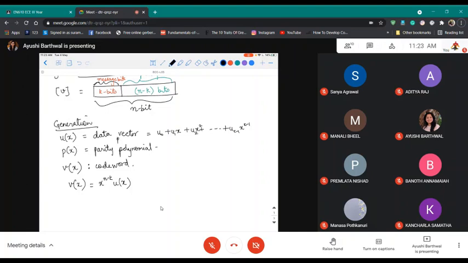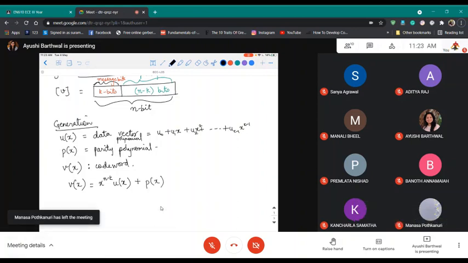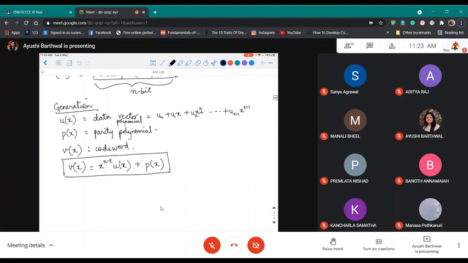So u(x) is your data vector polynomial, and you have to add the parity polynomial to it. So now how do you determine this parity polynomial? This is how a code word is generated. Now with the help of this equation, let us find out how we can find the parity polynomial.